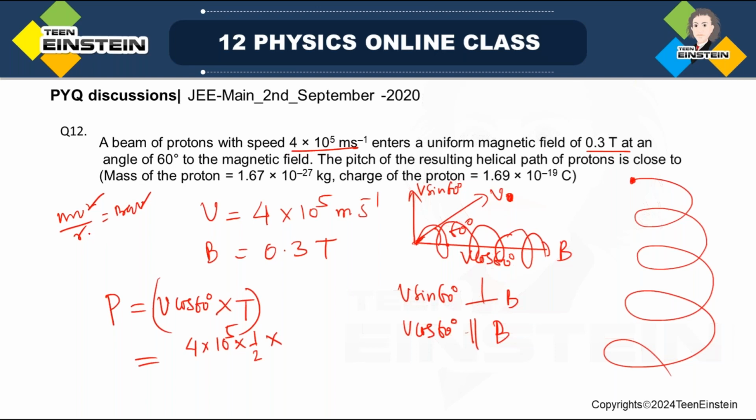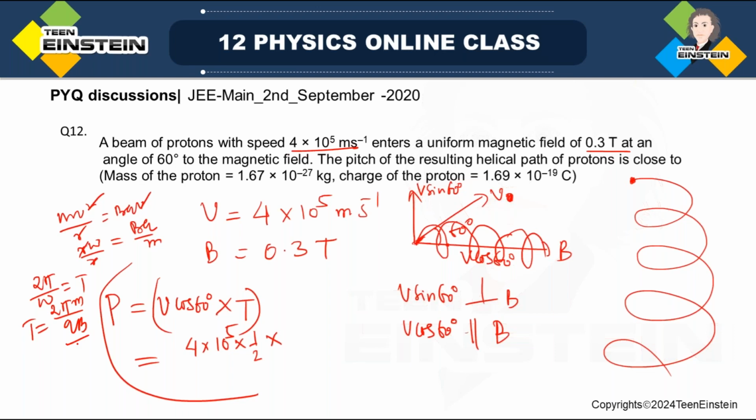We can use v equal to r omega, so r cancels, and we get omega equal to bq by m. So 2 pi by omega is the time period. Omega is qb by m, so the time period is 2 pi m by qb.